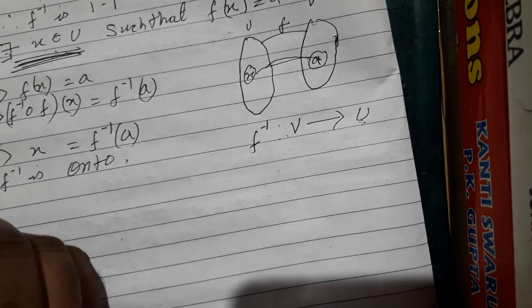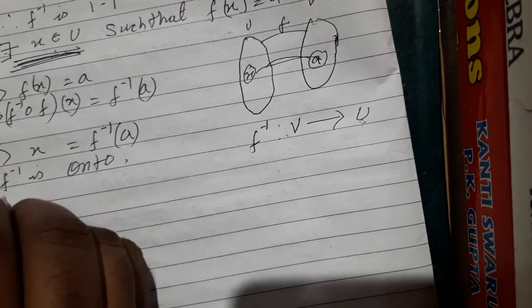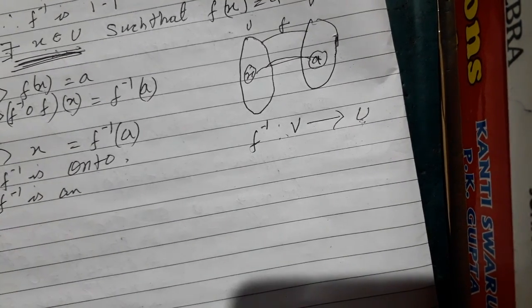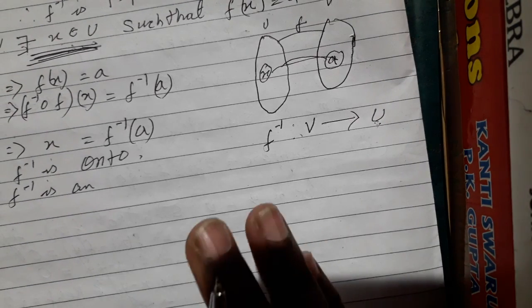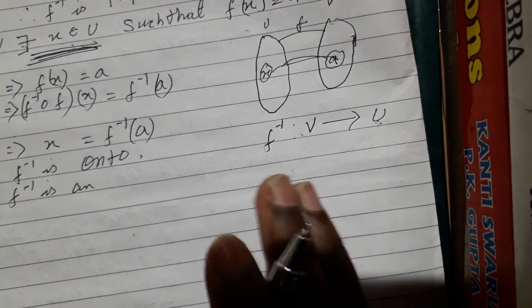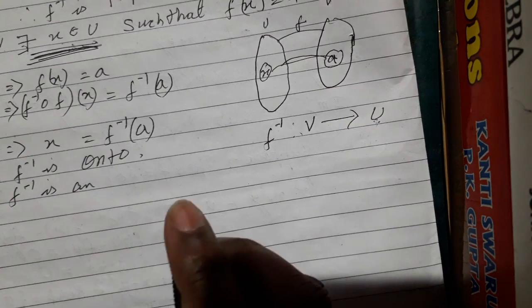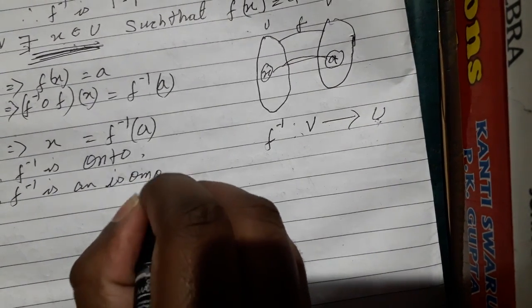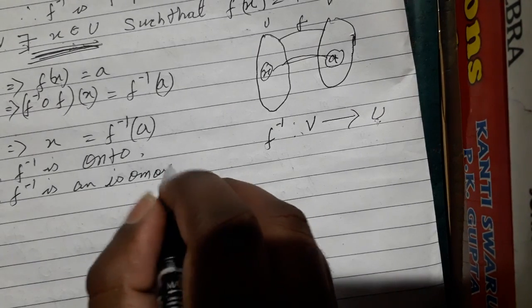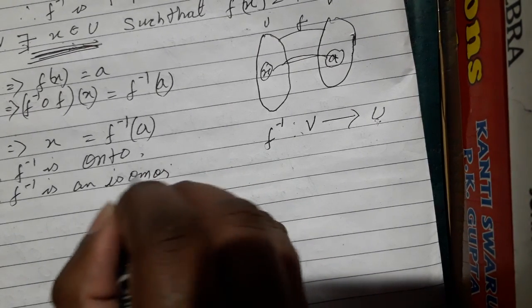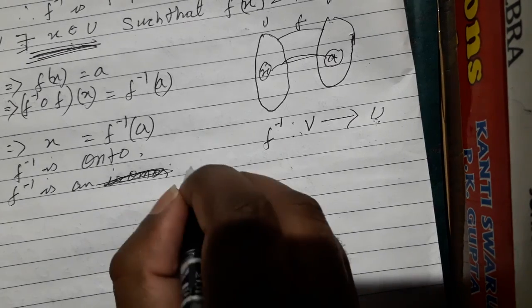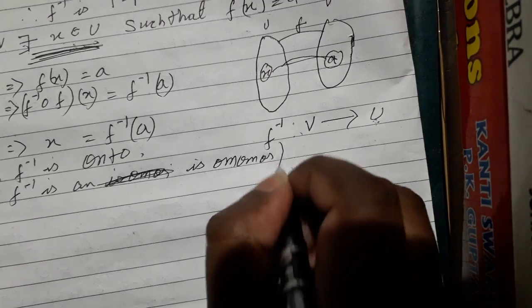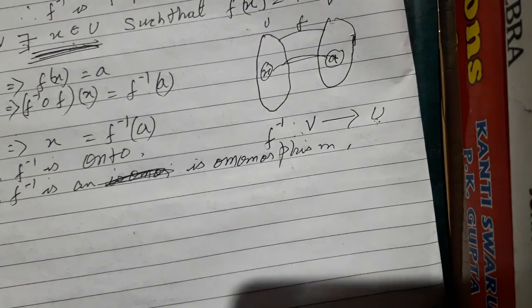Hence f inverse is an isomorphism, because we have proved already it is 1 1, it is onto, as well as it is a vector space homomorphism. So therefore f inverse is an isomorphism. Thank you.